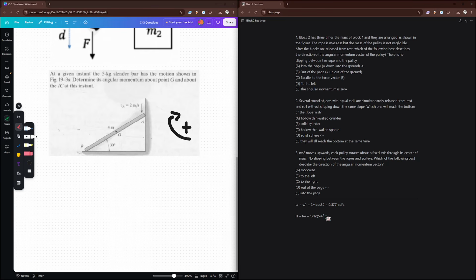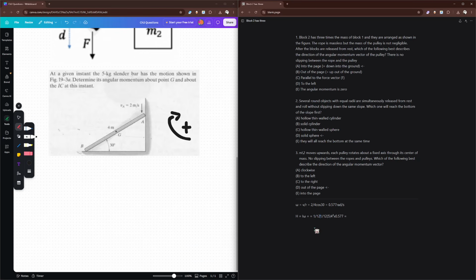And then we're going to be multiplying by our angular velocity. I forgot I did that. Our angular velocity 0.577. And I can actually write this out.